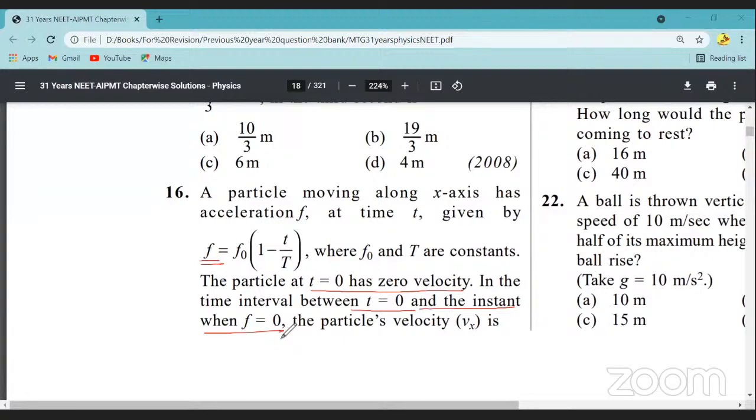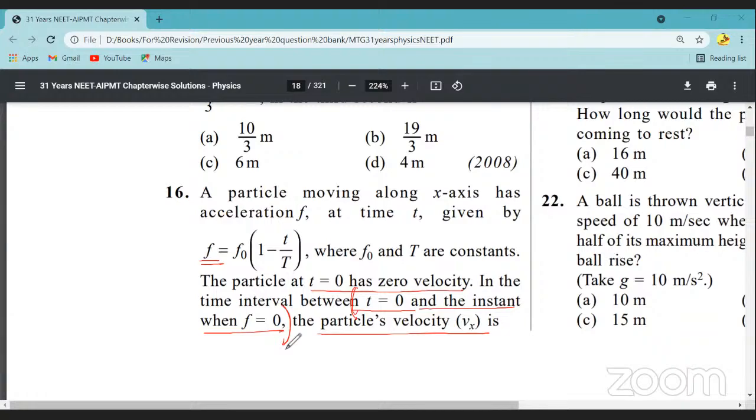Here the question is not clear, in the sense that he is asking the particle's velocity and he is giving an interval. Giving an interval means it is asking average velocity.